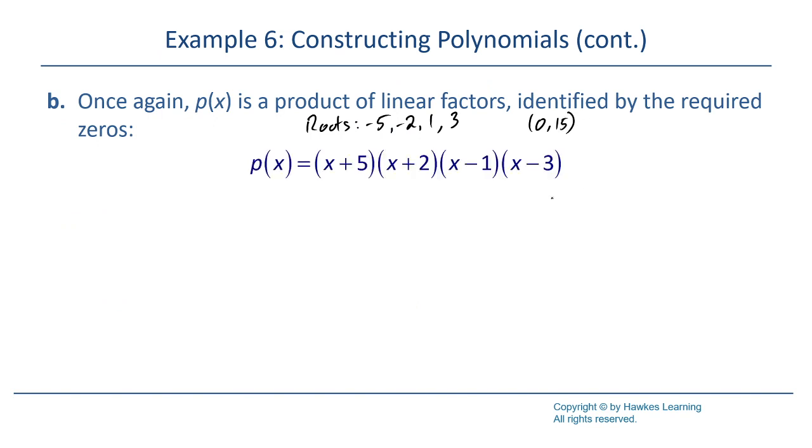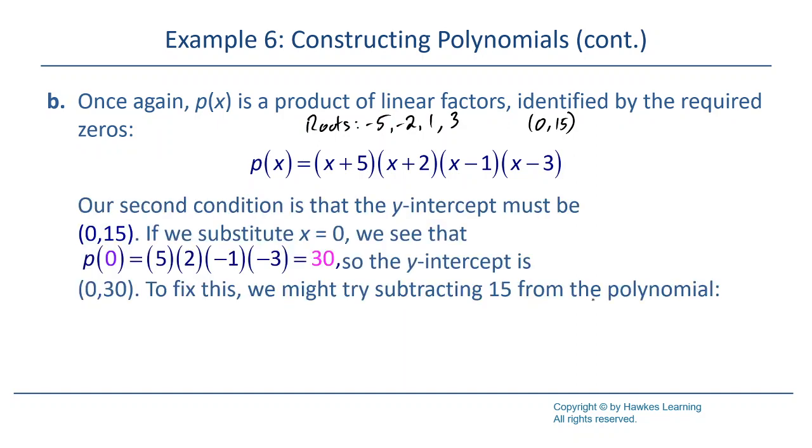So roots are handled. Nice. But if we plug in 0, well, we get 30. That's not good.